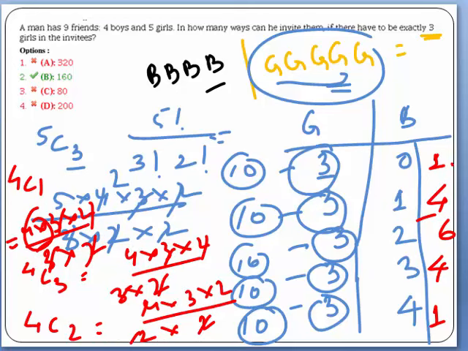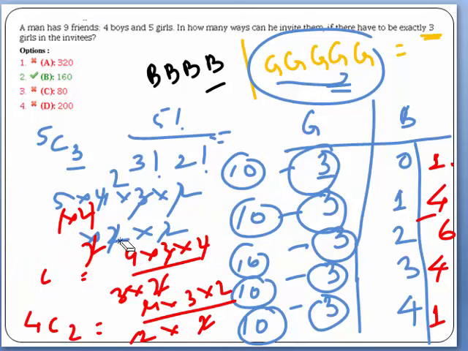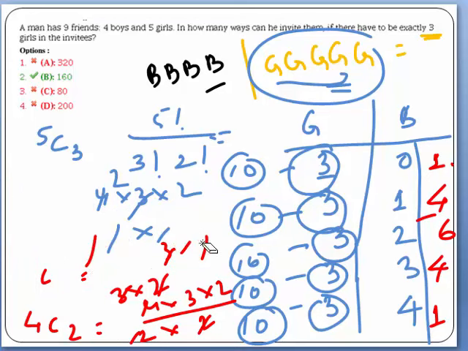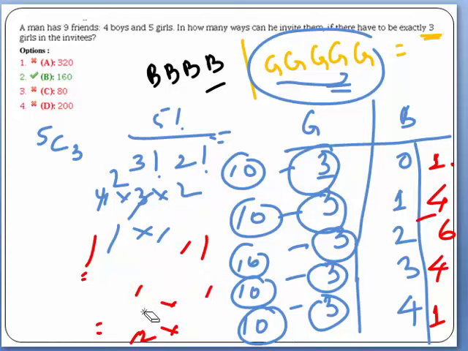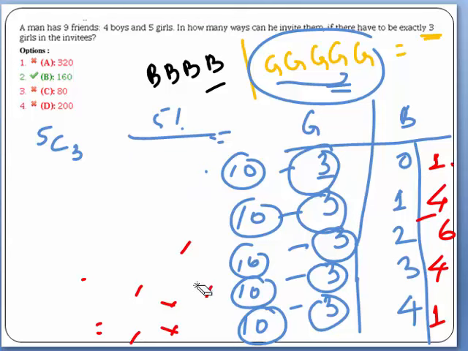So once we are done with this basic counting, we know that these are the particular ways in which I will choose my girls. These are my combinations in which I will invite people, and these are the ways in which I will choose my boys. After that it becomes a problem of simple addition.